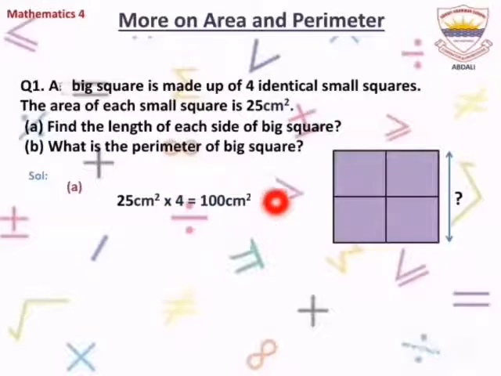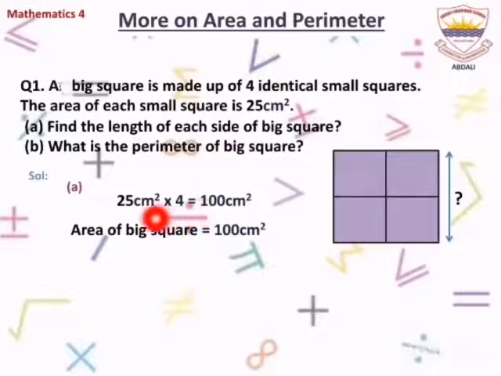We multiply 25 centimeters square with 4, and we get the area of the big square, 100 centimeters square.